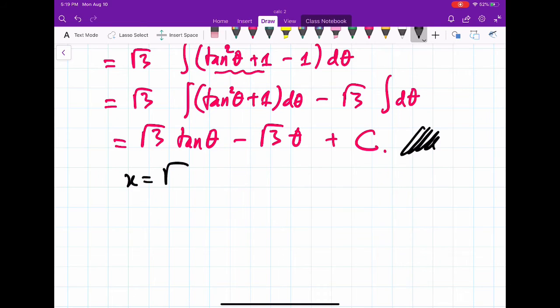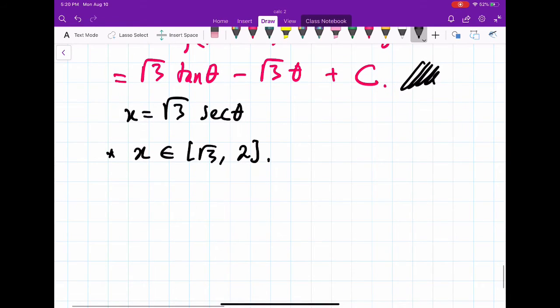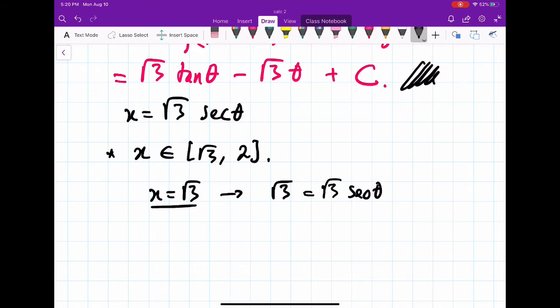X equal to square root 3 secant of theta, and in the original integral, x goes from square root 3 to 2. So I can change the following. When x equals square root of 3, I need to solve for theta. So square root 3 equals square root 3 secant of theta.